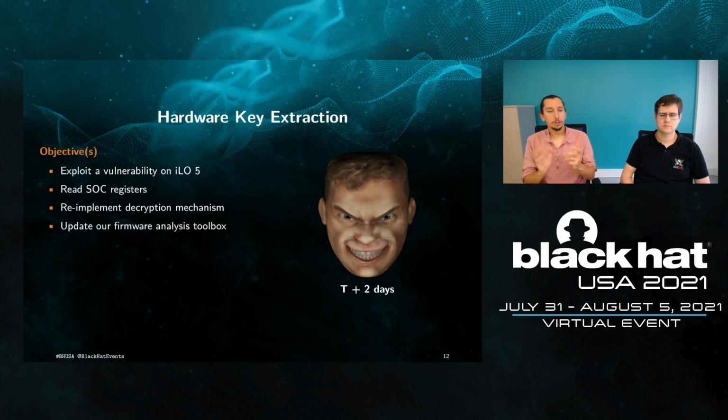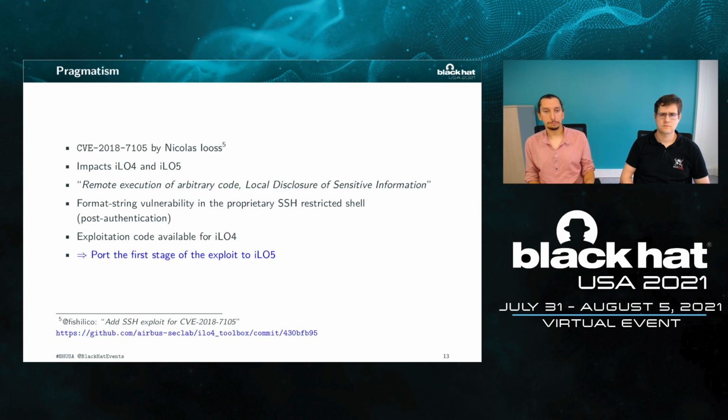So we have an understanding of the global picture here. Our objective is to gain access to the iLO5 system to read these SoC registers and hopefully extract the key. The simplest way to do that is to exploit a vulnerability on the iLO5 system. At this step, we were very pragmatic. We reused an exploit for a vulnerability released in 2018 by Nicolas.